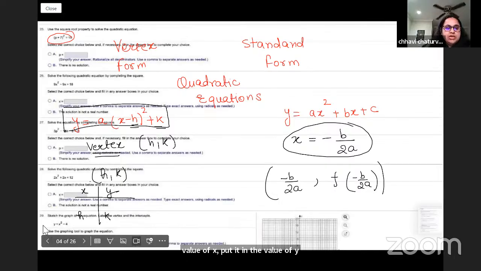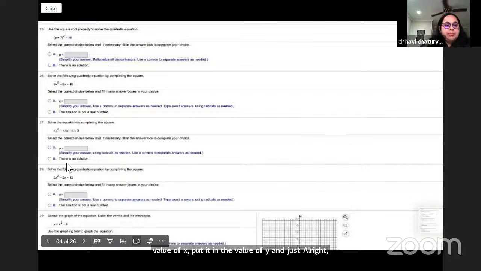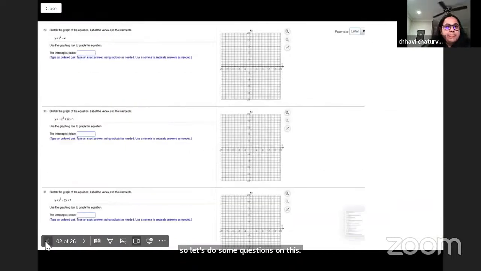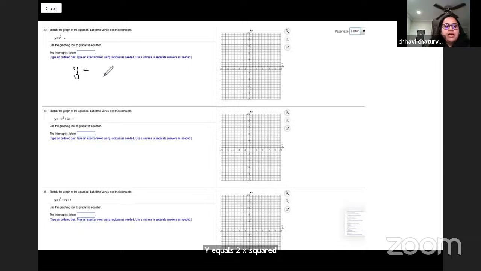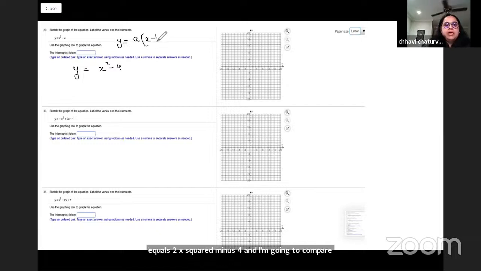All right, so let's do some questions on this. My first question for graphing is y equals x squared minus 4. I'm going to compare this with the vertex form, y equals a(x minus h) squared plus k.